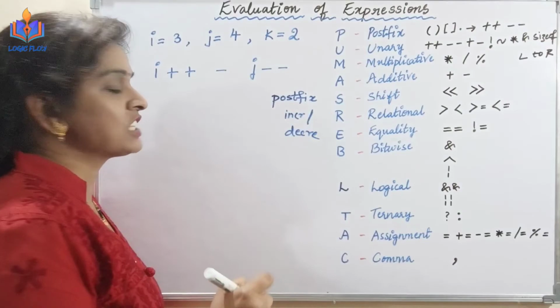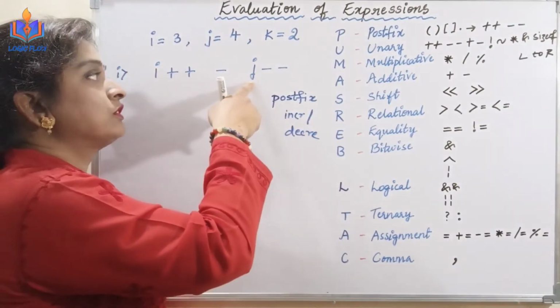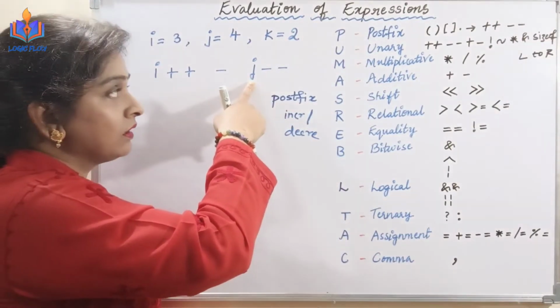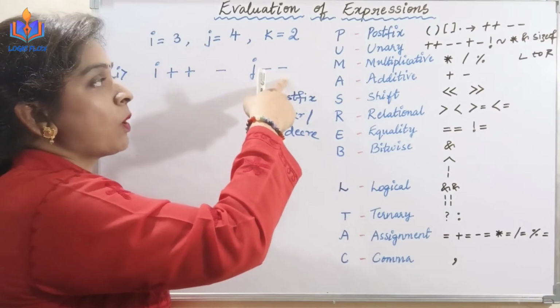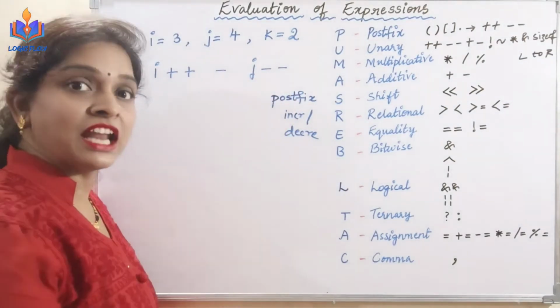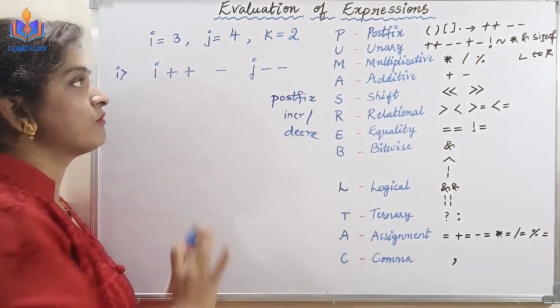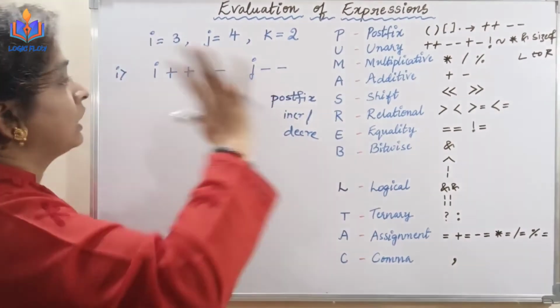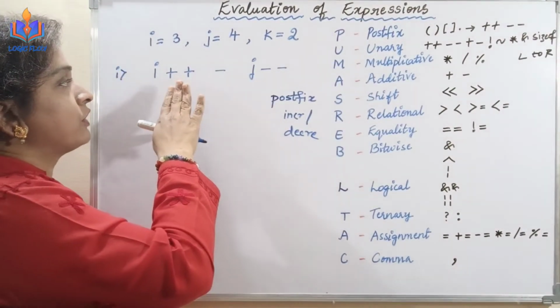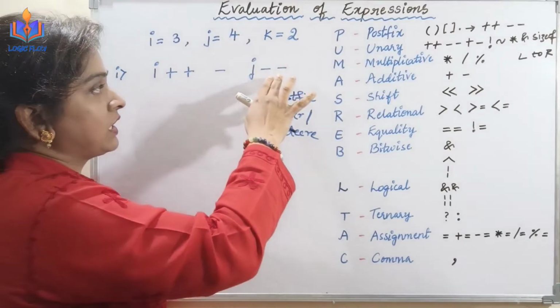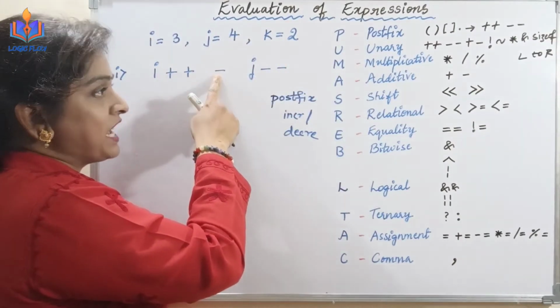Postfix says use the value of the variable first, and the purpose of the operator can be executed next. Look at the operators first. We have increment, decrement, and minus.